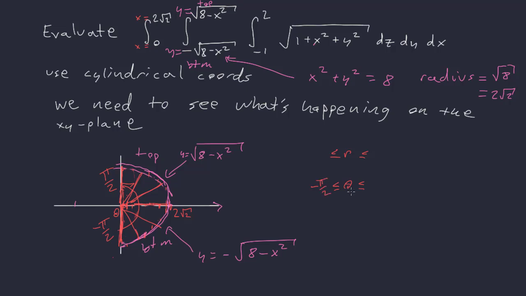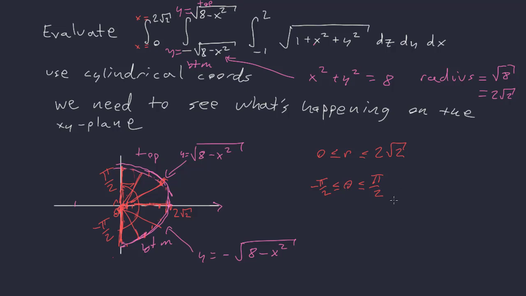So we always want the smallest interval for our angles that makes sense and goes in the positive direction. And then r, of course, is going from 0 to 2 root 2. Okay, so there are our limits.